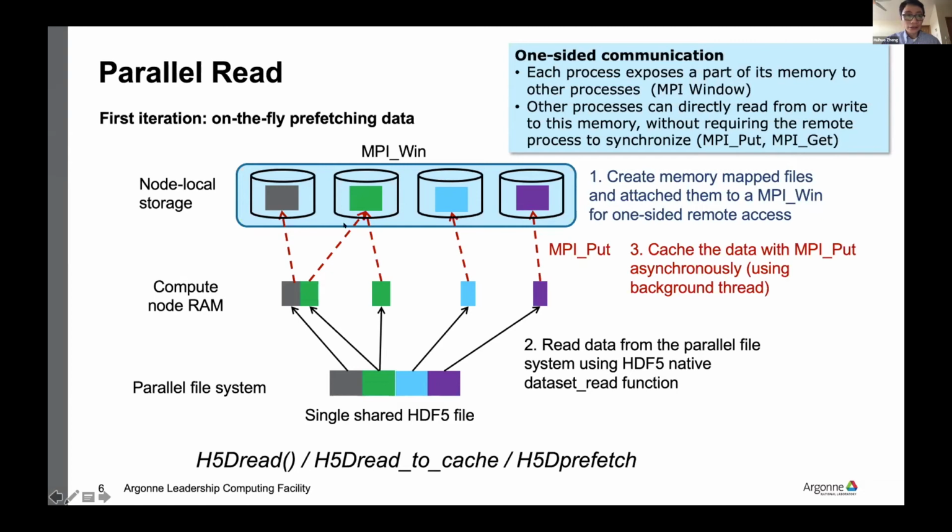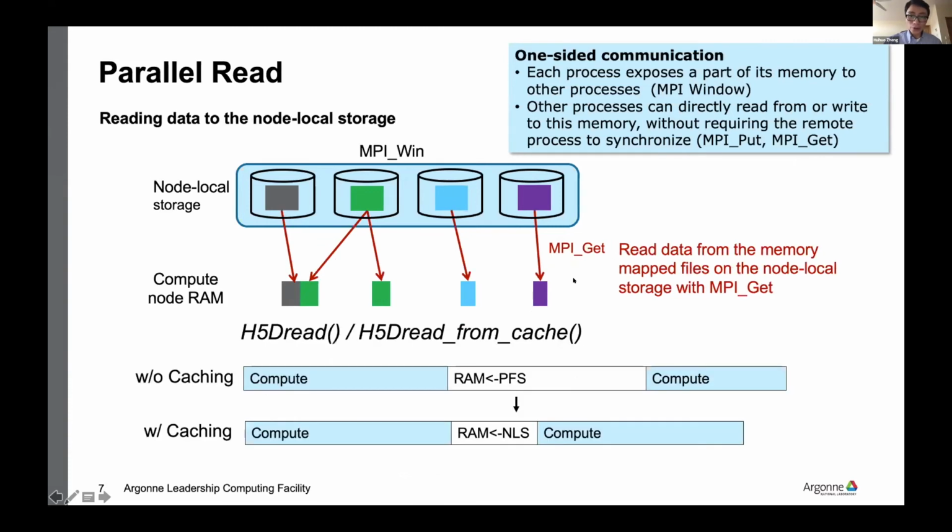So in the dataset read, we will first create these memory-mapped buffers and then create an MPI window, and then we read the data and do the caching asynchronously. Later on, when we read the data again, we just directly read data from the non-local storage using MPI_Get.